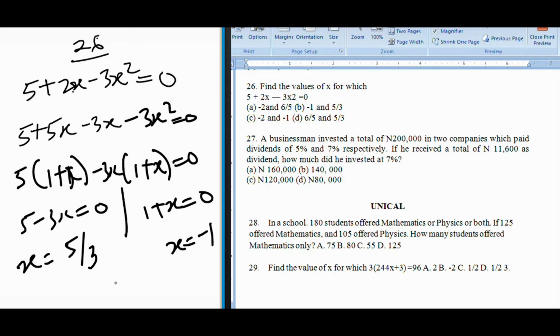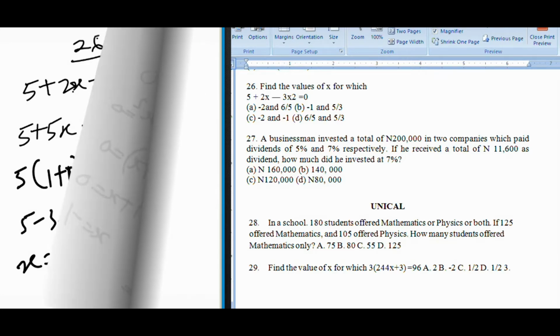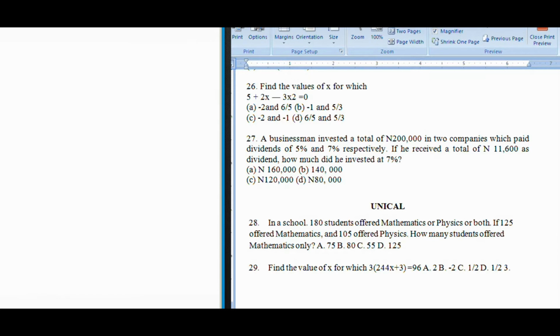The next question says, a businessman invested a total of 200,000 naira in 2 companies, which paid dividends of 5% and 7% respectively. If he received a total of 11,600 naira as dividends, how much did he invest at 7%?